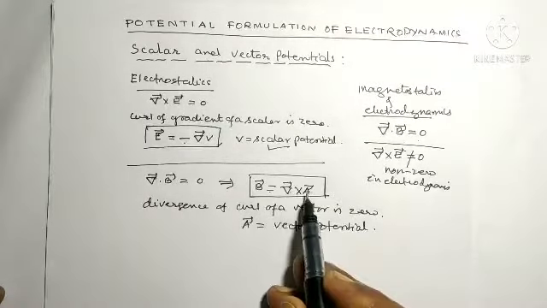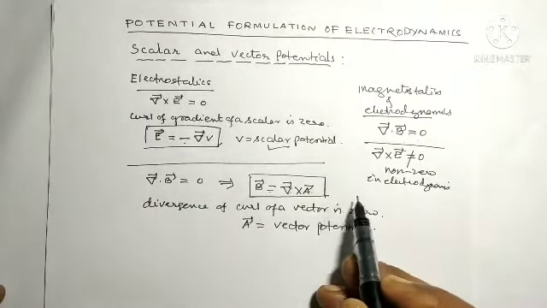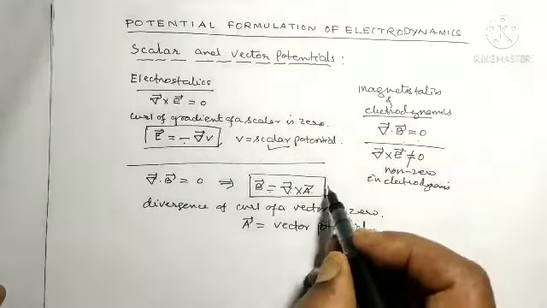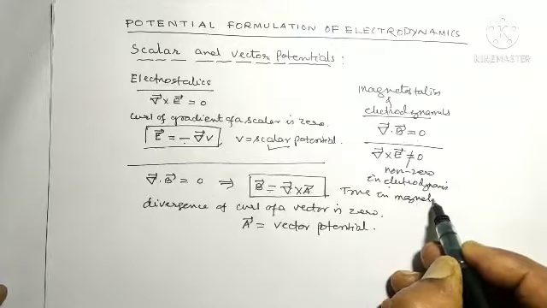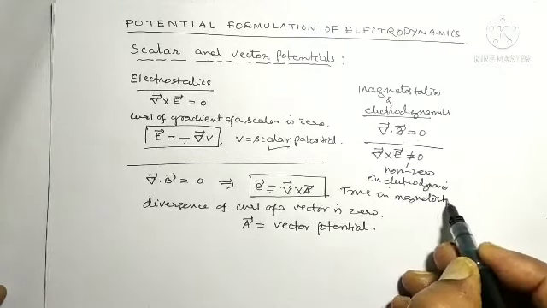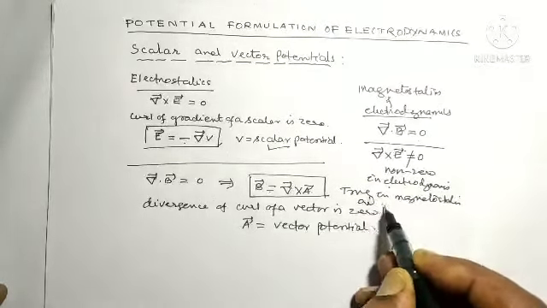B equal to curl A is true in magnetostatics as well as in electrodynamics.